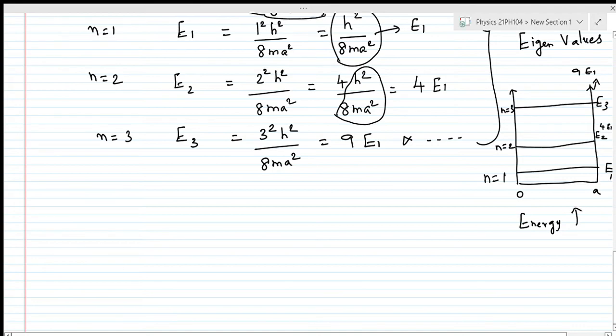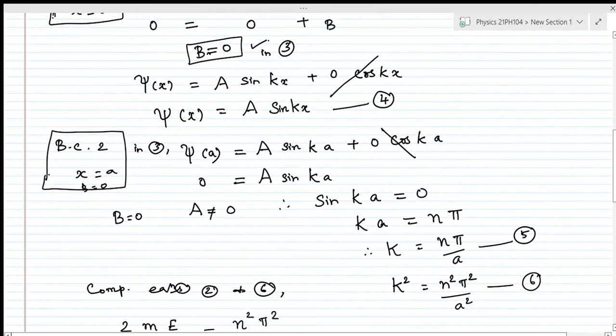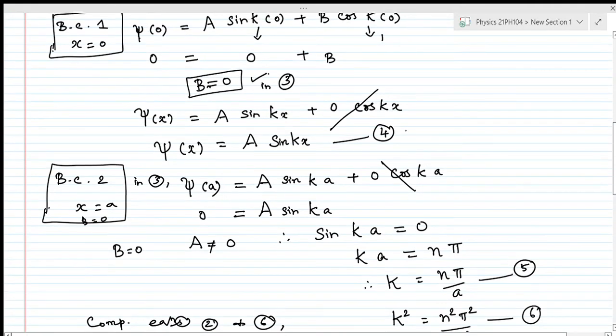Now, still we have to solve for equation 4. Can you see this? Psi of x is equal to a sin kx. What is the value of k? k is equal to n pi by a.